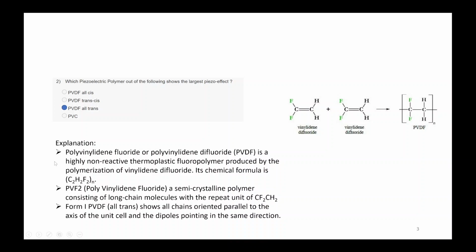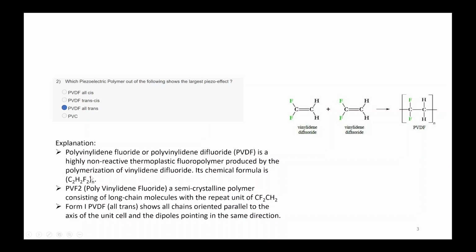Its full form is polyvinylidene fluoride or polyvinylidene difluoride. It is a highly non-reactive thermoplastic fluoropolymer produced by the polymerization of vinylidene difluoride. Its chemical formula is C2H2F2.